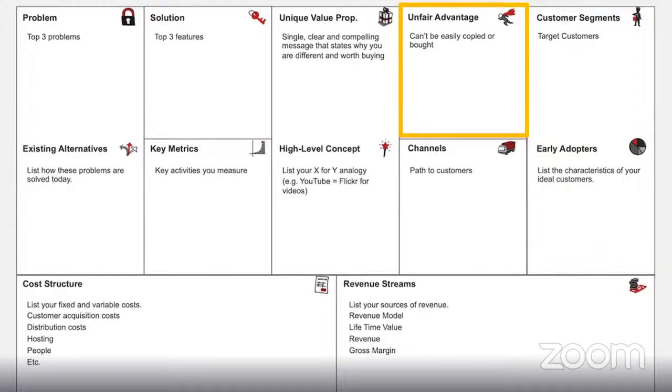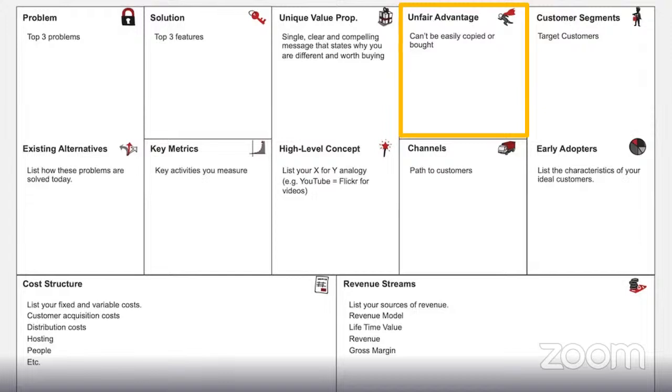Then we go to the fifth box, which is about the unfair advantage. If you are a business or startup that focuses on innovation, you should have an unfair advantage to continue competing.